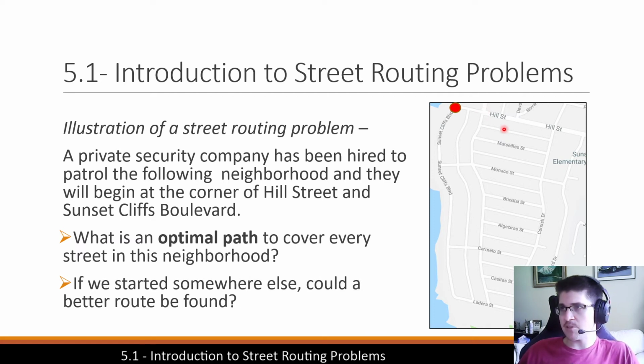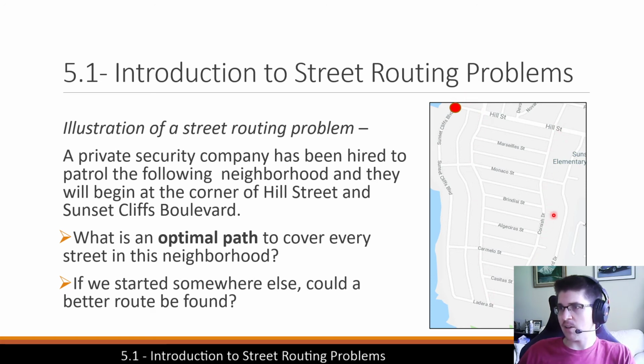There are certain streets that I left off in that potential route, like, for example, Marseille or Monaco or Brindisi or whatever. I could continue and weave my way back and forth through all the streets that I missed. But notice that in doing this, as I'm weaving my way back through those streets, I'm traveling over sections of street which I've already patrolled. In my initial route, I went like this and went down here.